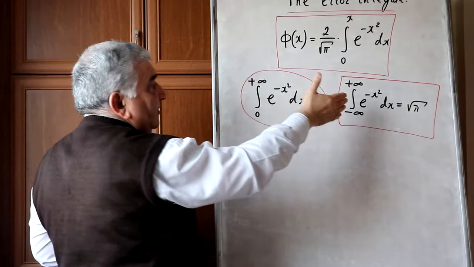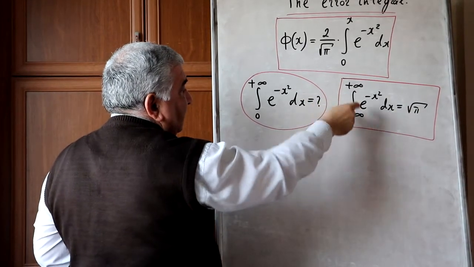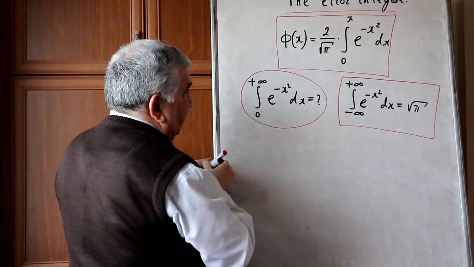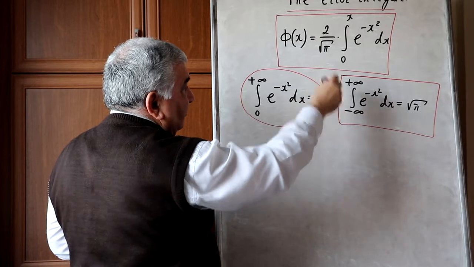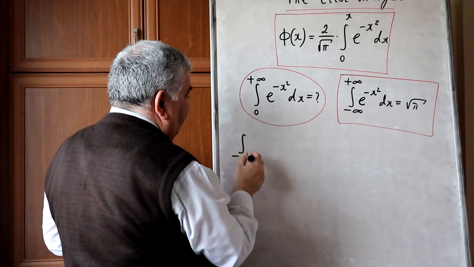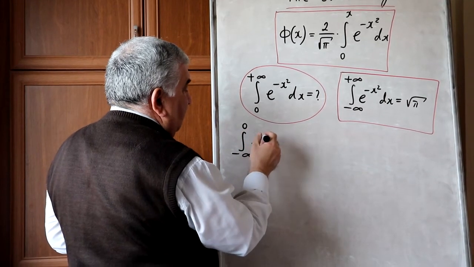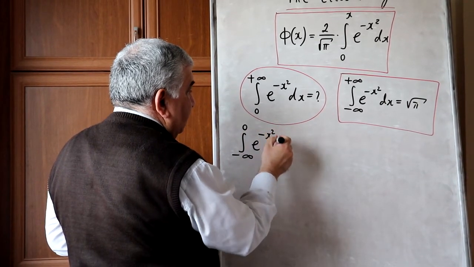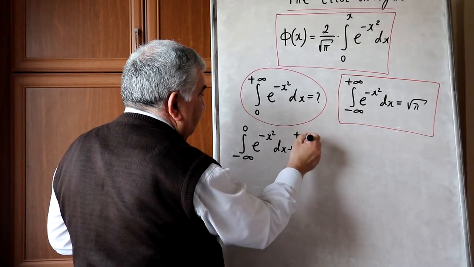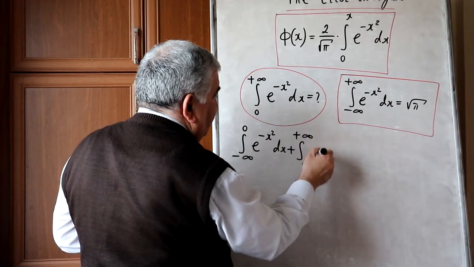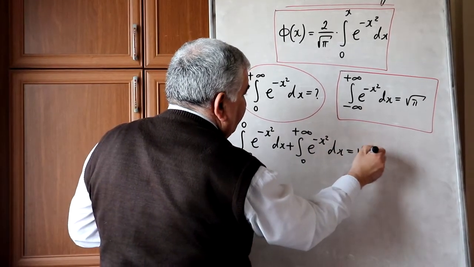Use the known integral and separate it into two integrals: from minus infinity to 0, plus from 0 to plus infinity. Integral from minus infinity to 0 of e to minus x squared dx, plus integral from 0 to plus infinity of e to minus x squared dx, is square root of pi.